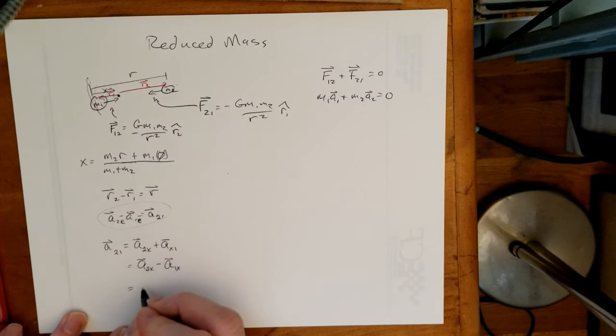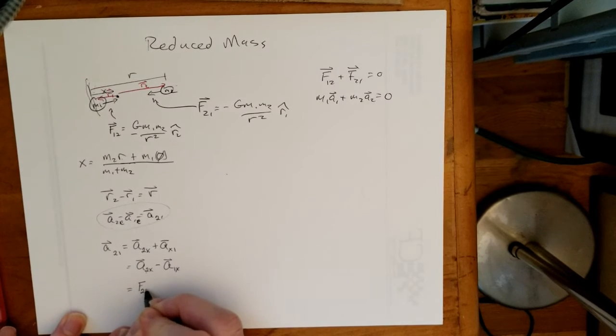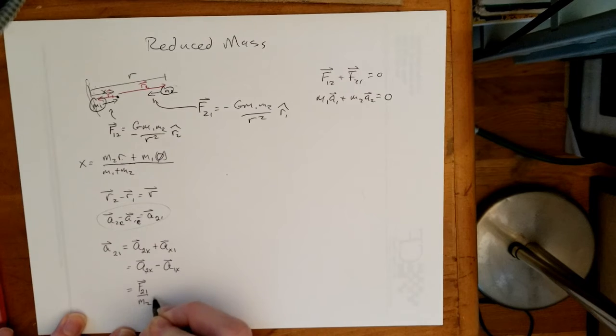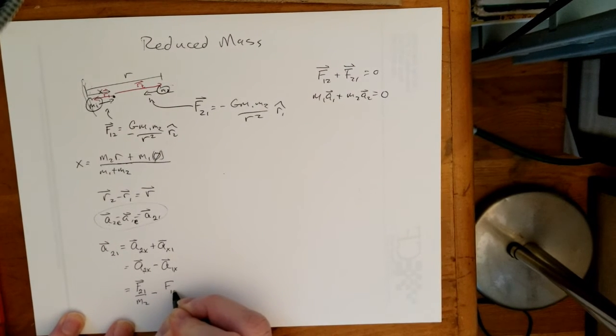And this is the force on 2 from 1 divided by the mass of 2 minus the force on 1 from 2 divided by the mass of 1.